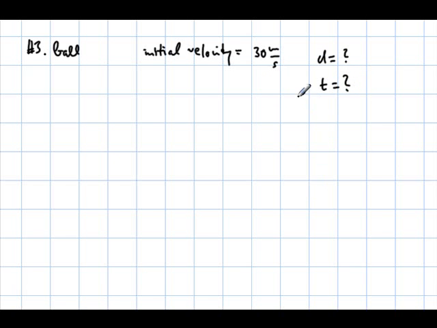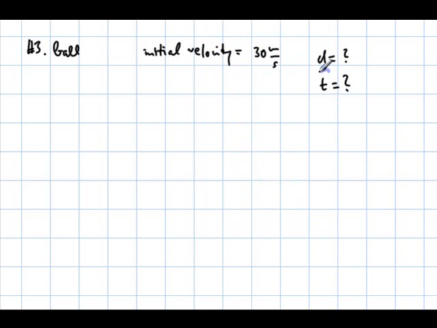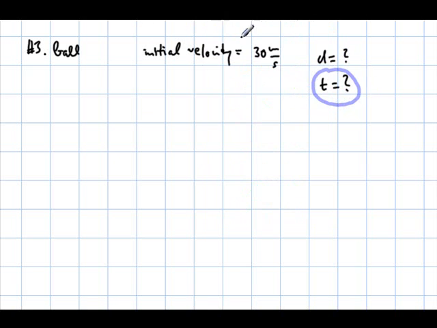Now all the equations we came across actually involve time. Since I don't know time yet, I cannot calculate what the distance is yet, which means that I will determine what the time is first. So let's do that.